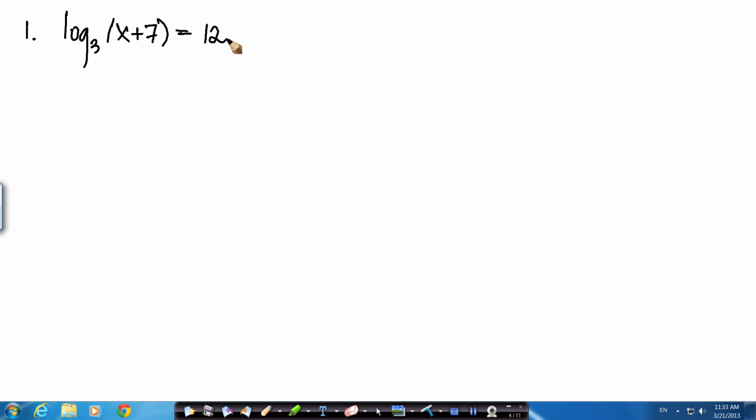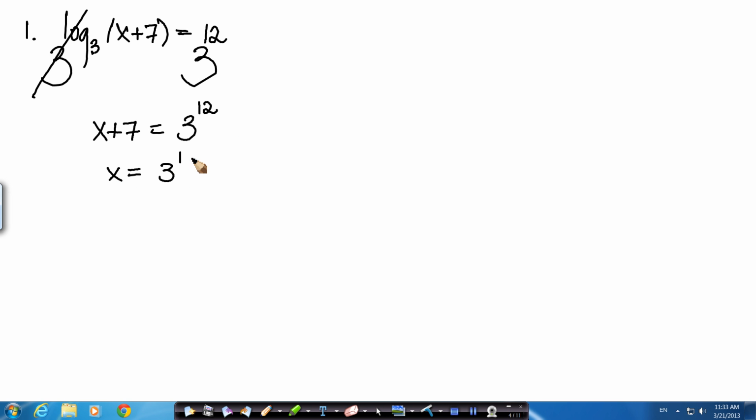Well, the only way you get rid of a log is using its inverse. So whatever this base is here, make a really big one, and we put it underneath both sides. This cancels out, and we're left with x plus 7 equals 3 to the 12th.